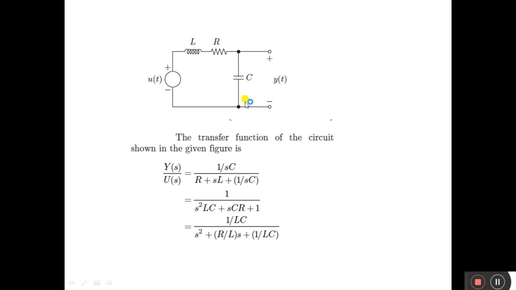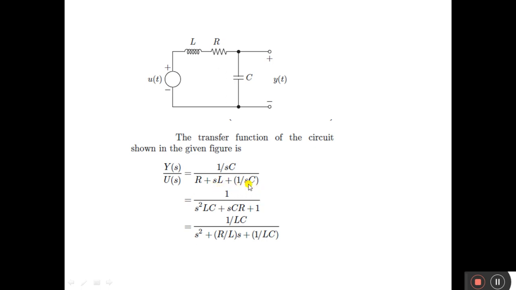If you take the equation here, the Laplace transform of C is 1 by sC. If you write the equation for this loop, U of s equals R plus sL plus 1 by sC. When we take the Laplace transform, C becomes 1 by sC and L becomes sL.